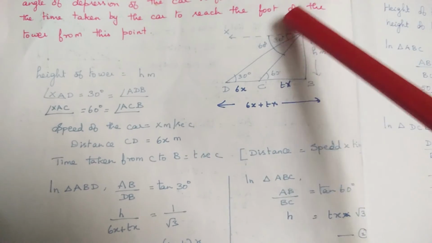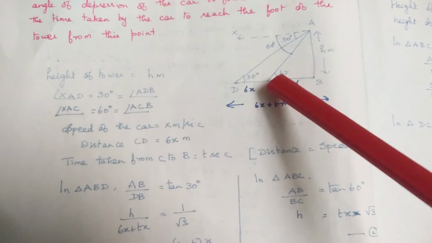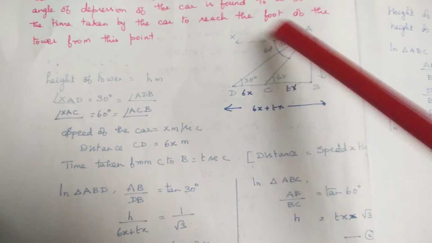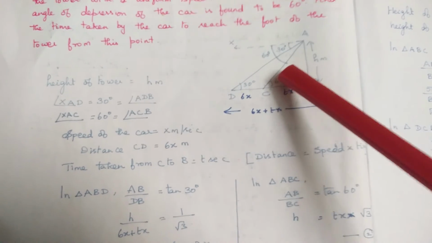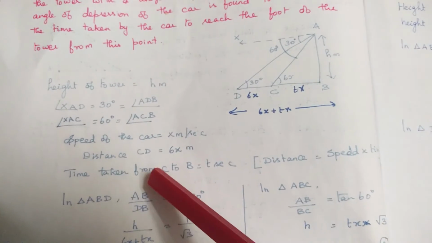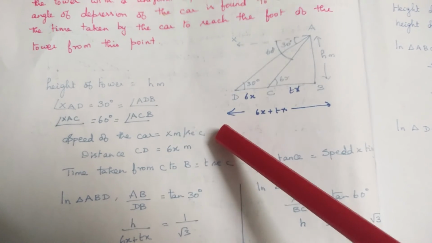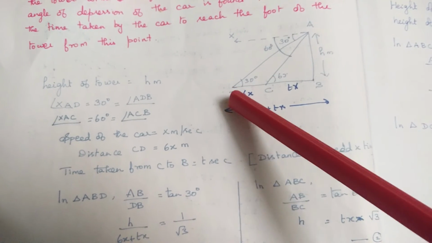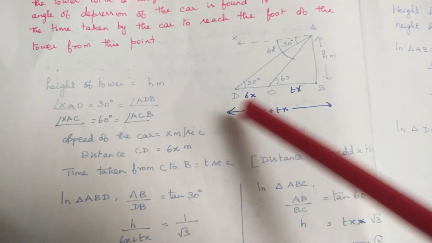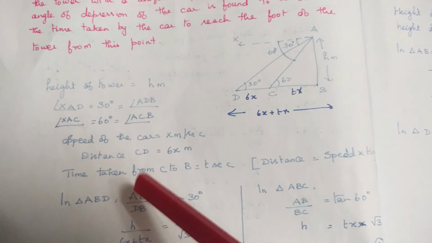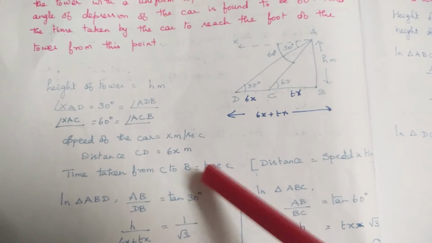Height of the tower you take as h, and these two lines are parallel, so alternate interior angles are equal. Speed of the car you don't know, take it as x meter per second, and the distance CD is 6x meter, and the time taken from C to B is t second.